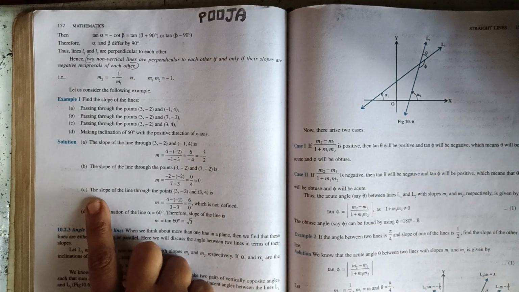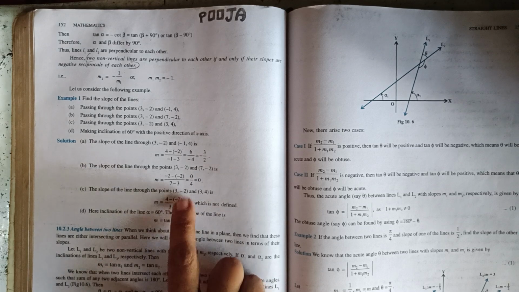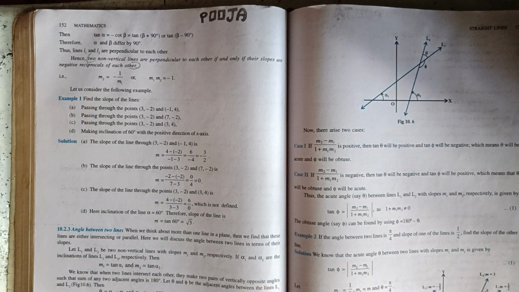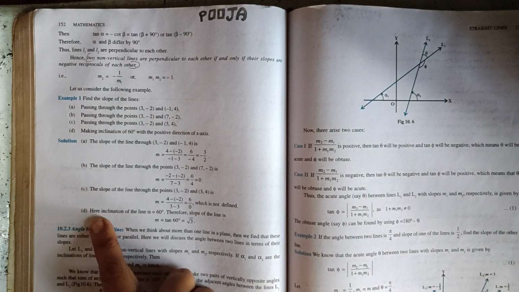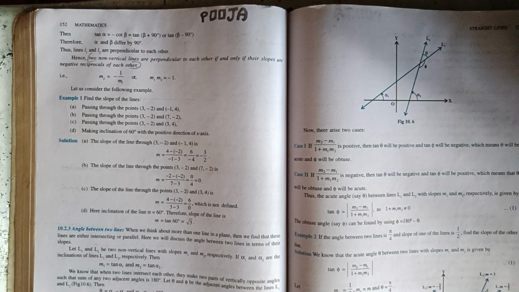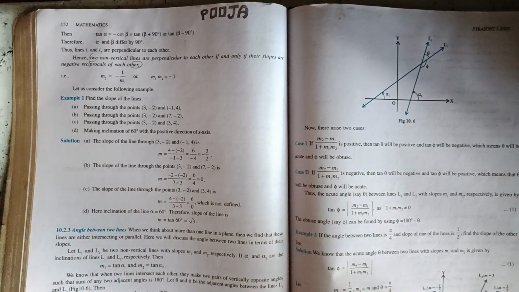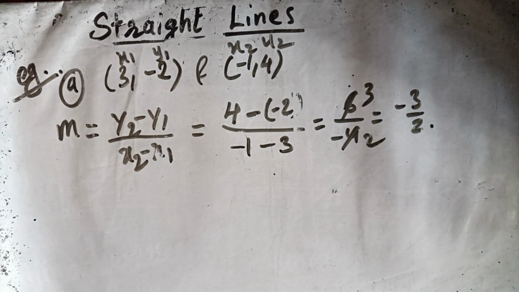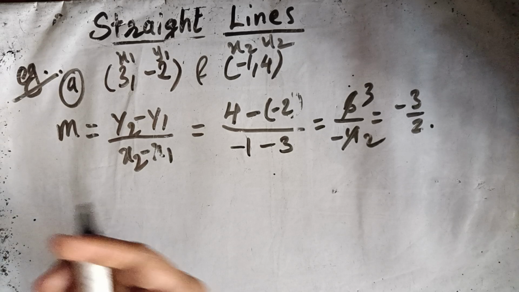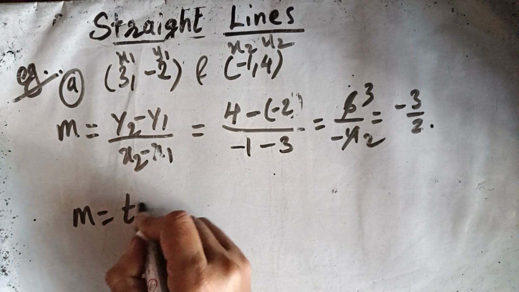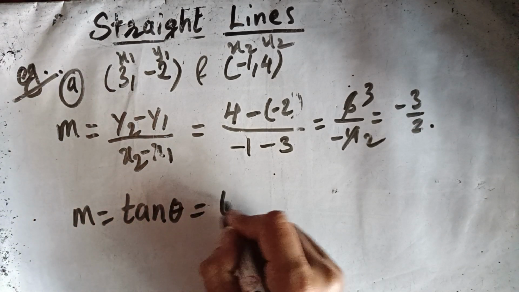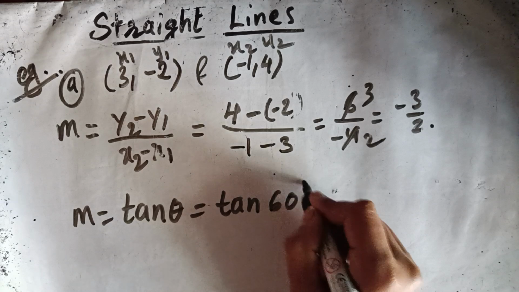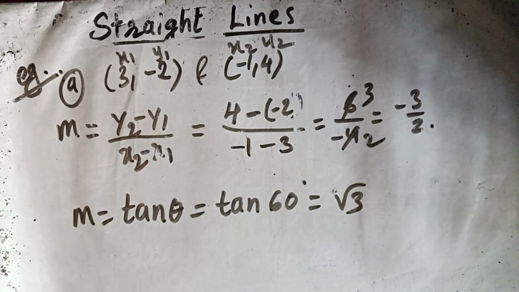Here the slope is not defined in the third case, so we can say that the line is perpendicular to x-axis. Here the last one is making an inclination of 60 degrees with the positive direction of x-axis. So here theta is given. Theta is given means you have to find m in terms of tan theta. So tan of 60 degrees. Tan 60 degrees is root 3.